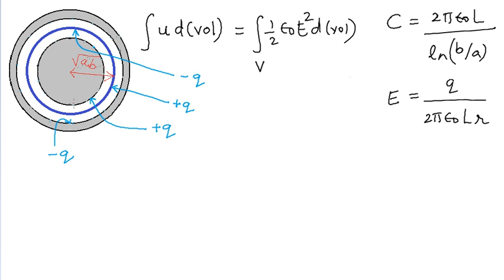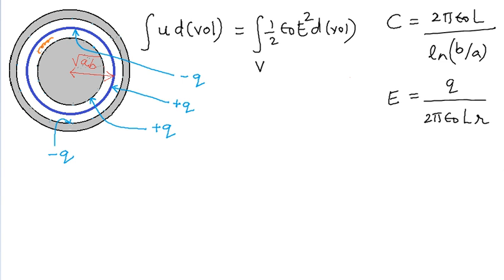One can also view this as a series arrangement of two capacitors. One capacitor is between the innermost cylinder and the intermediate cylindrical shell, while the second capacitor is between the intermediate cylinder and the outermost cylindrical shell.